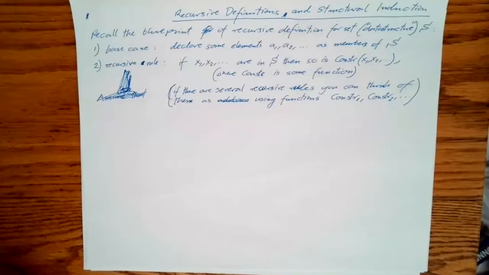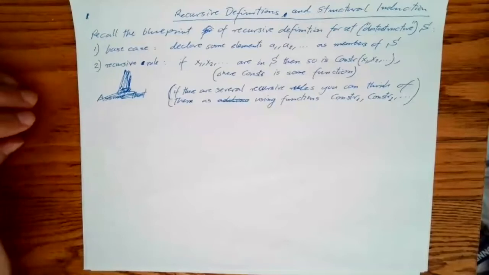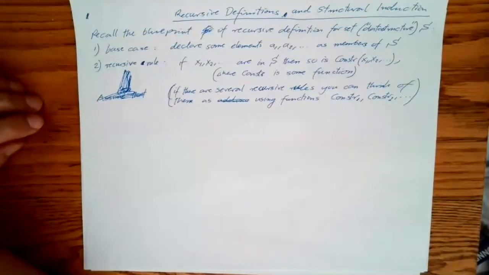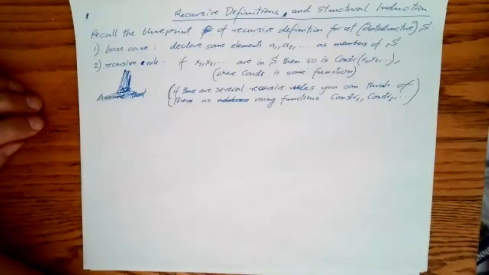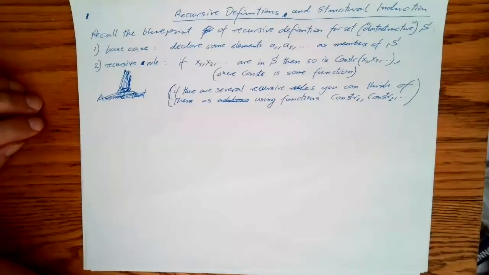Okay. So today I wanted to continue talking about recursive definitions, but now use structural induction to prove properties about recursively defined sets, or in other words, data structures. And there is one more thing that we need to do there, which is that we want to define functions whose domain is a recursively defined set.